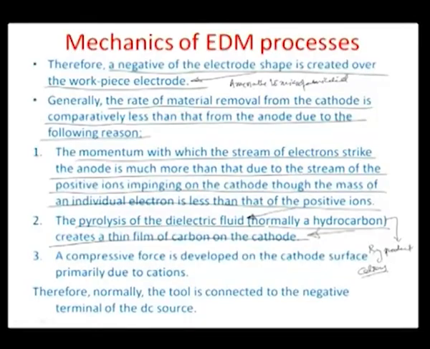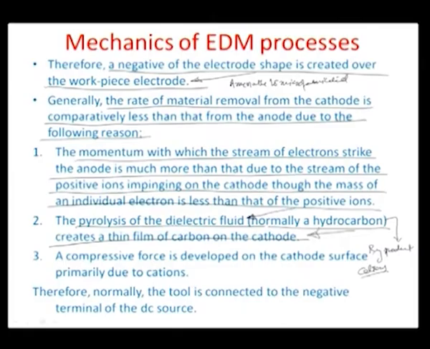And there is another reason apart from the pyrolysis and deposition of a film and the electron flux being greater than the ion flux, and the third reason is basically the compressive force that is typically developed on the cathode surface primarily due to the cations. When we are talking about cations in general, they are much heavier objects because of the atomic mass of the species present.